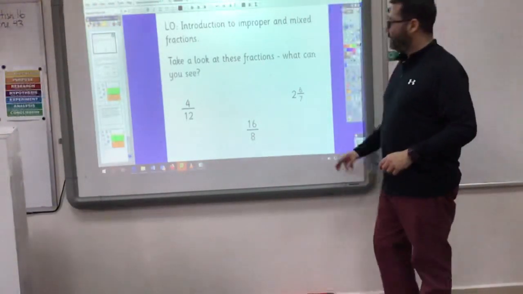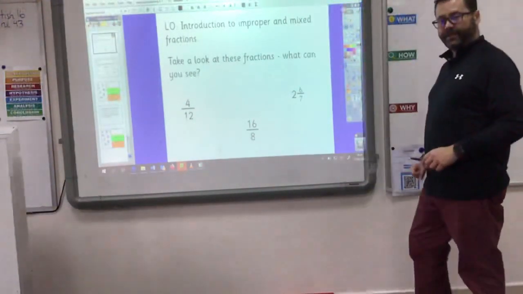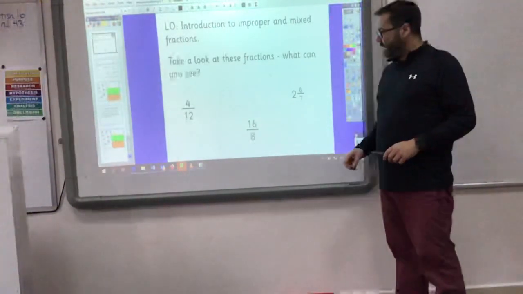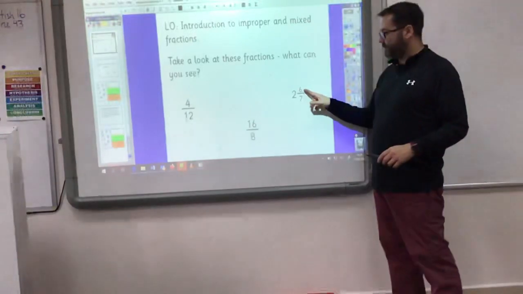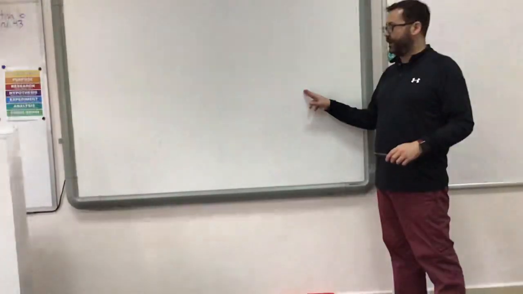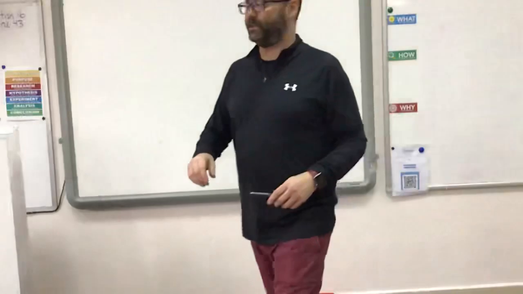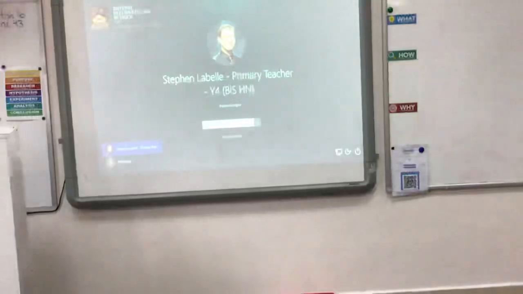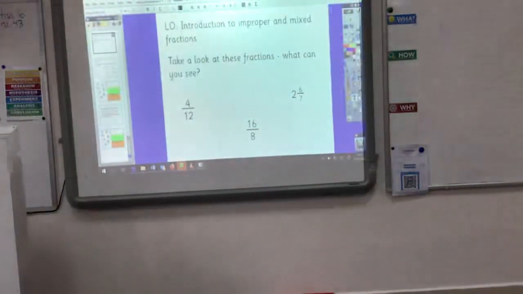Now this fraction over here, it's a little bit mixed up. It has a fraction, 6, which is the numerator. And we're back.